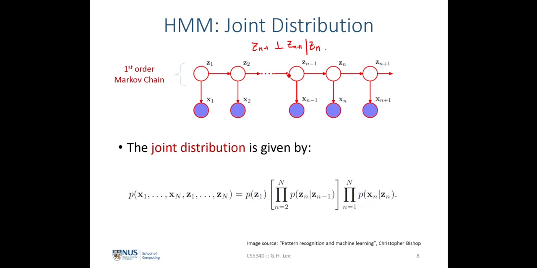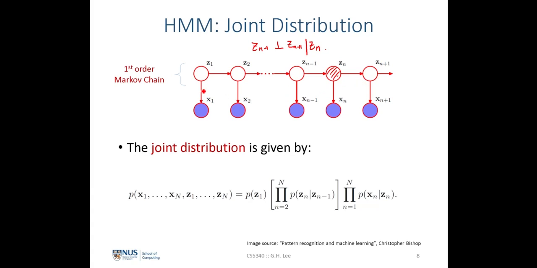We can verify this easily: if we have observed Zn, since this is a head-to-tail structure, Zn minus 1 and Zn plus 1 become d-separated from each other, because the baseball wouldn't be able to pass through this path.